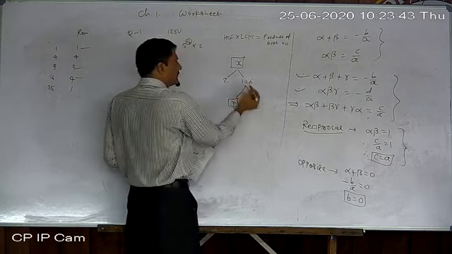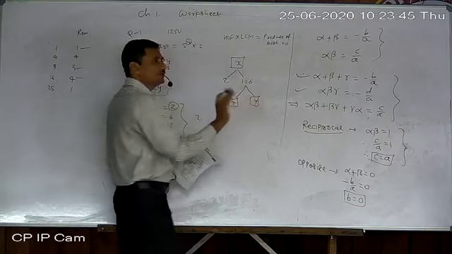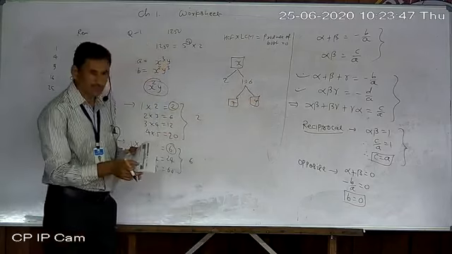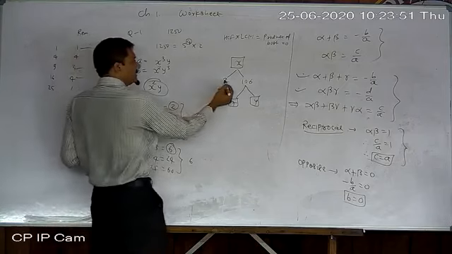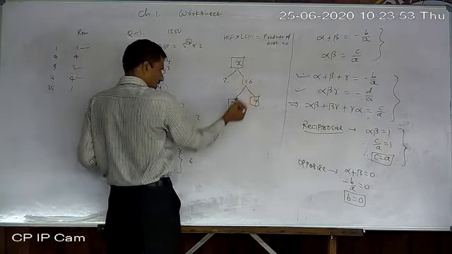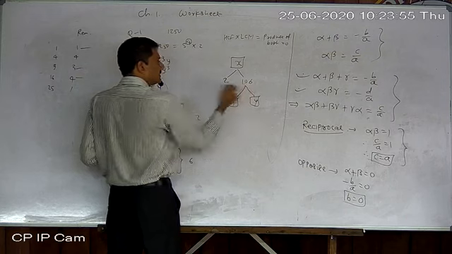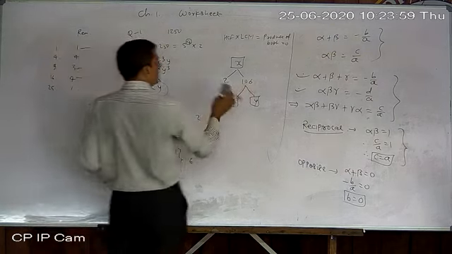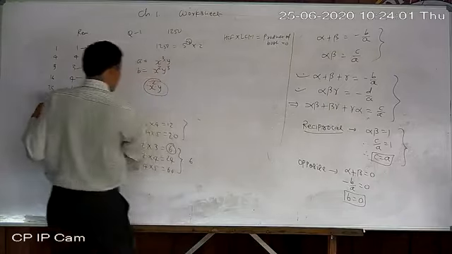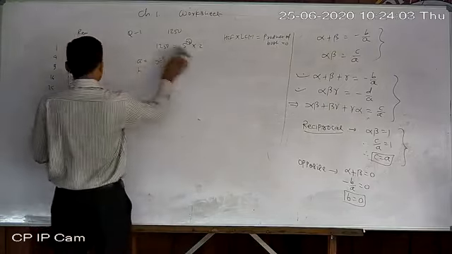Then 7 into what? 106. That way only you can give the answer. In my print it is not visible, so I cannot give the final answer. But only this reverse way you can find it. So that way only you can find the answer of x and y by the factorization trick.